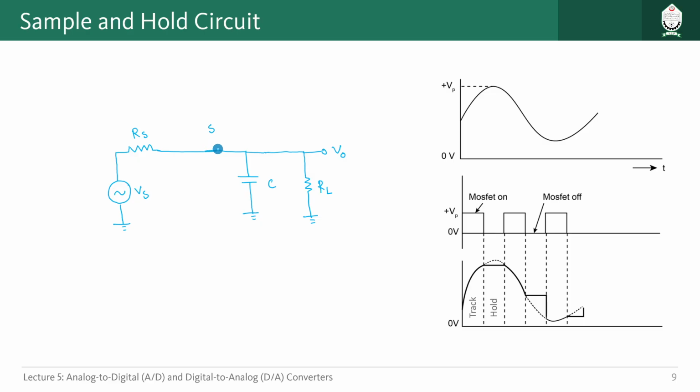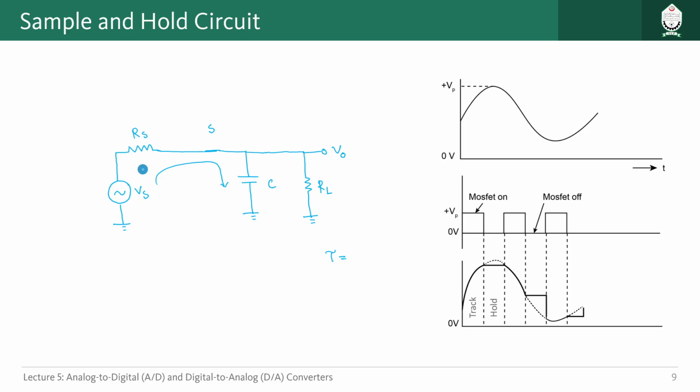Something like that. And whenever this switch is closed, the current will go in this path for this capacitor to get charged in this tracking mode, right? Now we know that the capacitor takes some time to get charged. How much time it takes is dependent upon the RC constant, right? So charging time is related to tau, which is the RC constant.